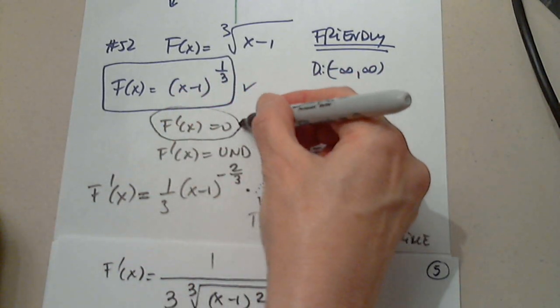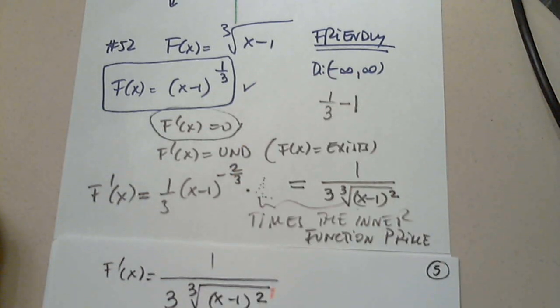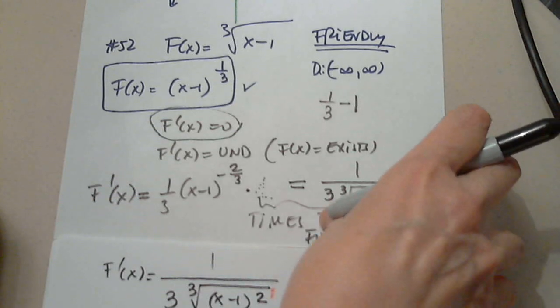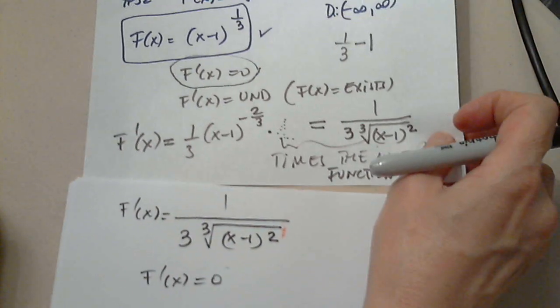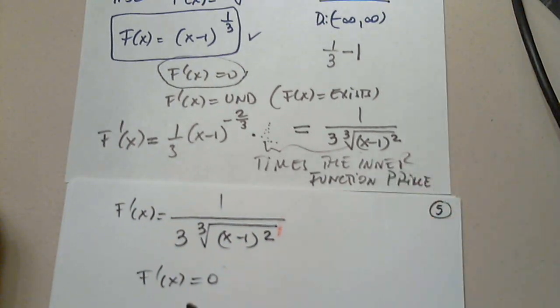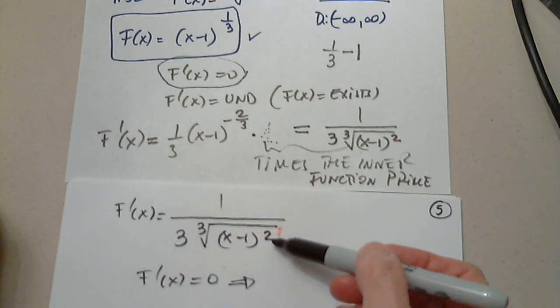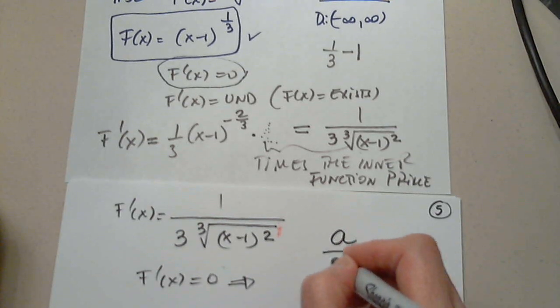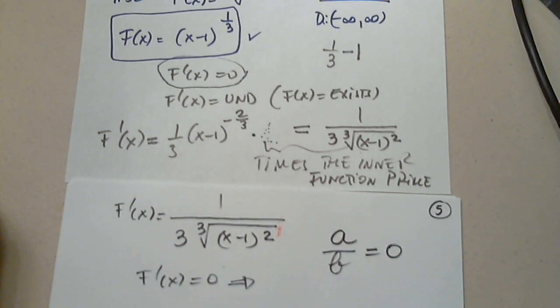Let's analyze the first option. F prime of x equals 0. Can that happen? When is a fraction 0? When is a divided by b 0?